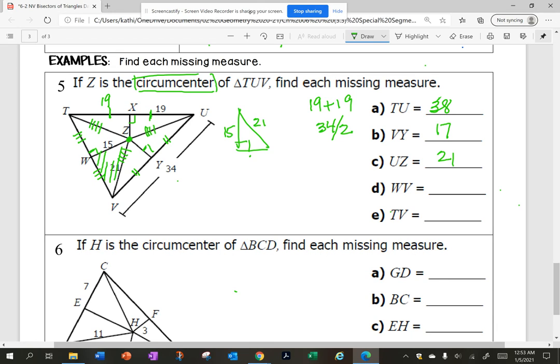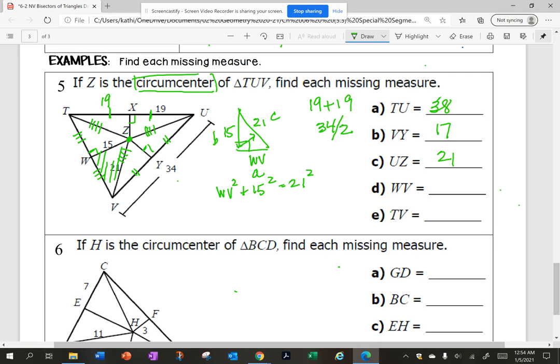I'm trying to find W to V right here. So I know this is my hypotenuse C, and these are my legs A and B. So I'm going to set this up as W to V squared plus 15 squared equals 21 squared.